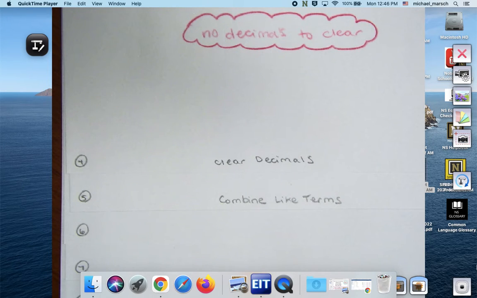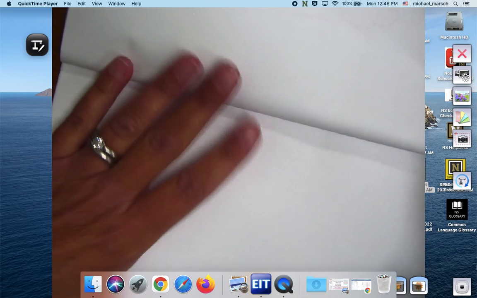Like the same, like x's and y's and stuff like that. Like they have to match. The variables have to match, right? What else has to match in order for you to be able to combine them? The negatives and positives don't matter, but something else does. It's a tiny little number. That's exponents, right? So you have to have the same variable and the same exponent if you want to combine them. Okay, so let's flip this.